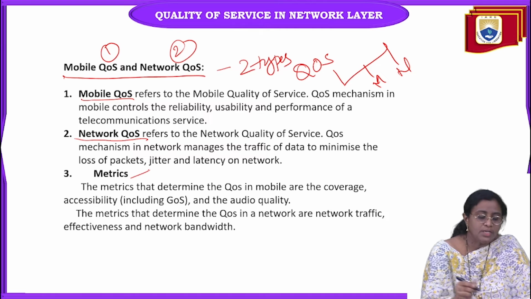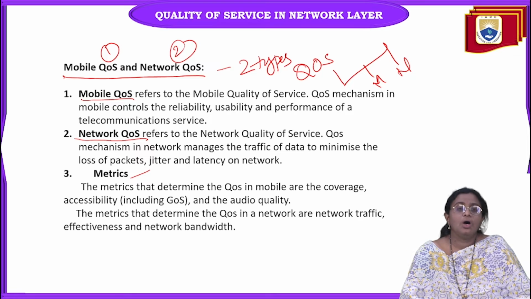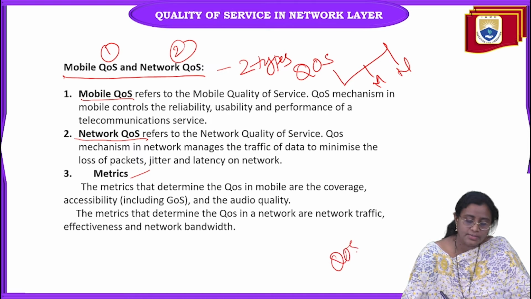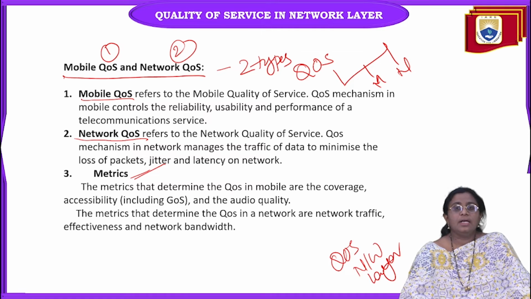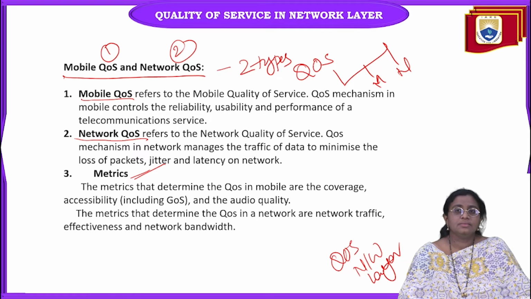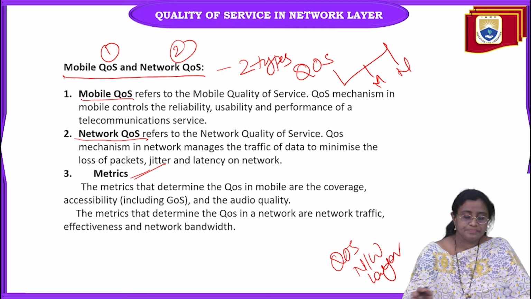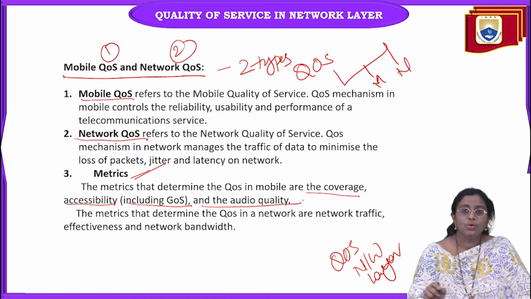And thirdly, what are the metrics we can use to improve the quality of service, or QoS, in the network layer? The third factor is the metrics. These metrics determine the QoS in mobile: the coverage, accessibility, including GOS, and the audio quality.